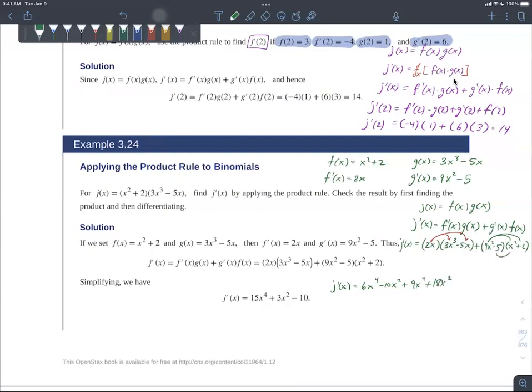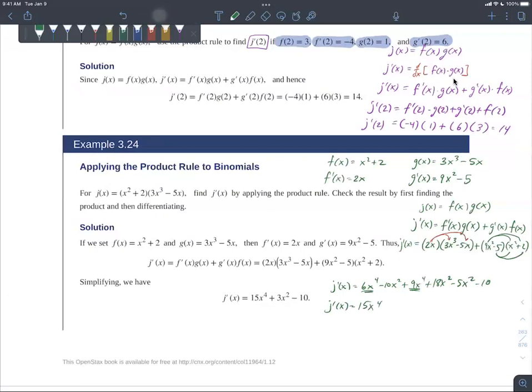Minus 5 times x squared is minus 5x squared. And minus 5 times positive 2 is minus 10. If we combine like terms, then we have 15x to the 4th.